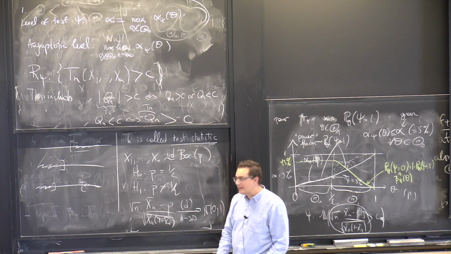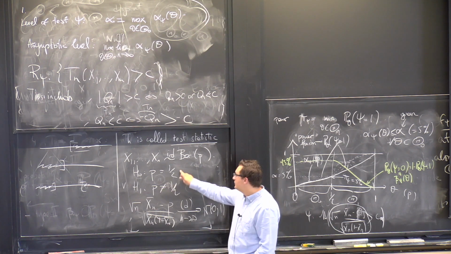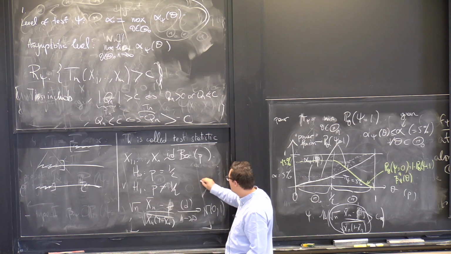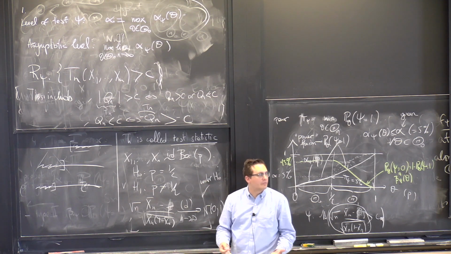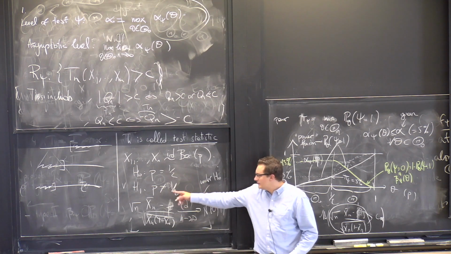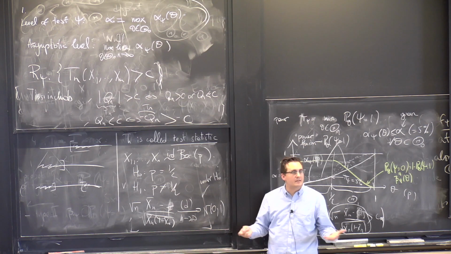Okay? Now, as we said, this p is not something we know, but under the null, we actually know it, and we can actually replace it by 1/2. So this thing holds under H0. When I write under H0, it means when this is the truth. Okay? So now I have something that converges to something that has no dependence on anything I don't know.